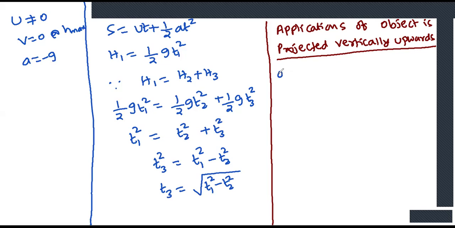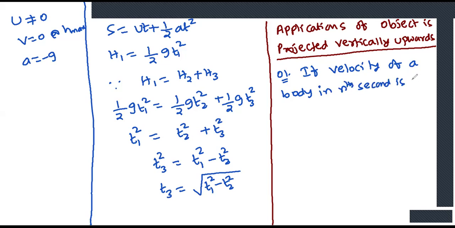First application. Write down: if the velocity of a body in nth second is V, then in the n minus 1th second it is V plus g.